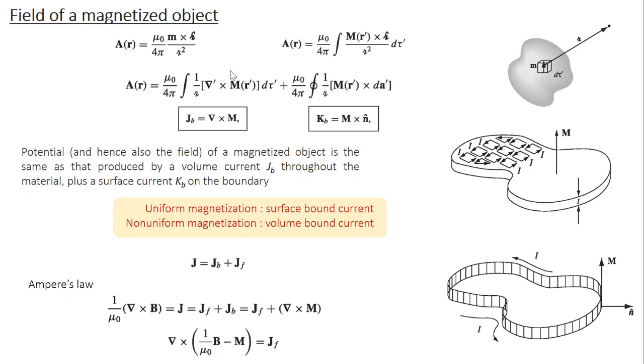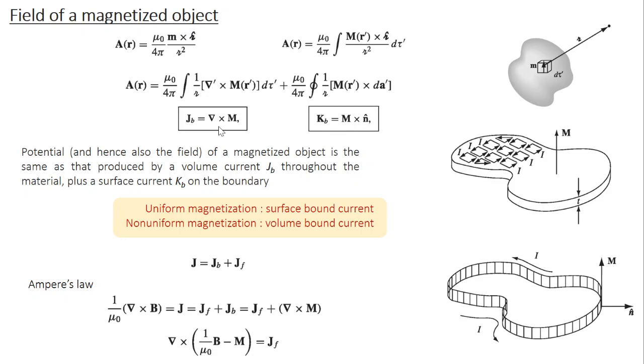Now the first term here represents potential due to a volume current given by curl of M, and this term corresponds to potential due to a surface current given by M cross n cap, where n cap is a unit normal vector. So what this equation means is that the potential and hence also the field of a magnetized object is the same as that produced by a volume current J_B throughout the material plus a surface current K_B on the boundary.